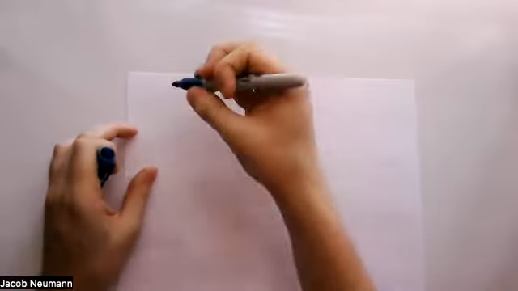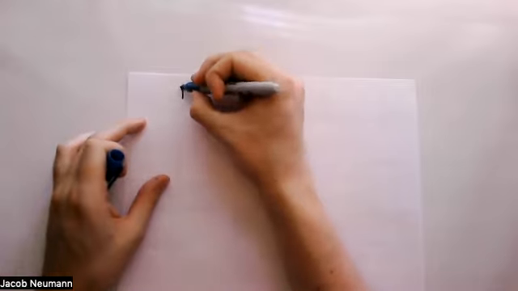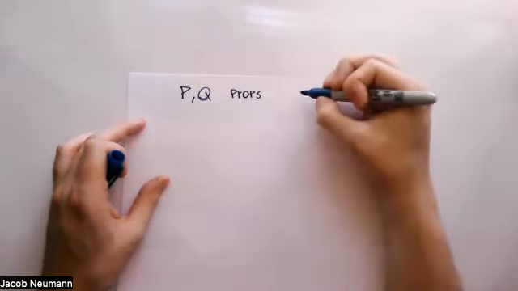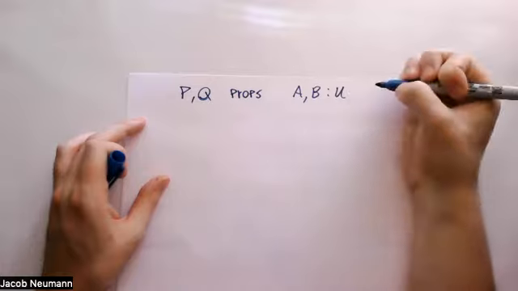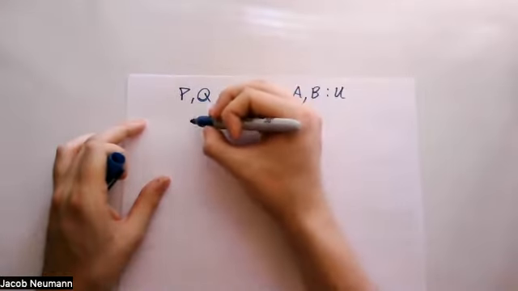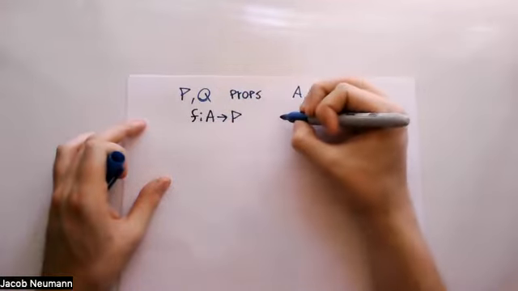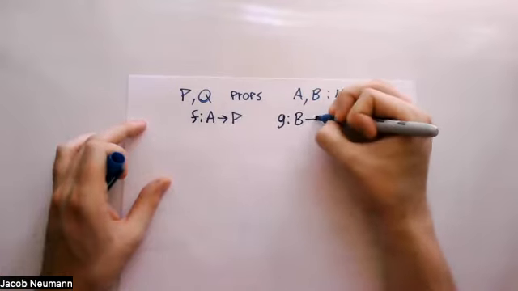So it's saying that if I have P and Q, which are propositions, A and B, which are types, and F goes from A into P, and G goes from B into Q.